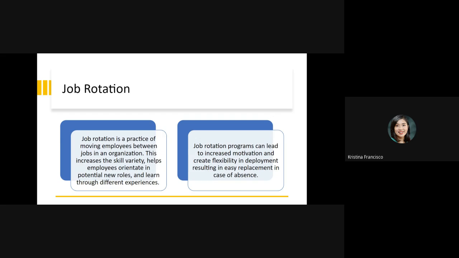So how do we illustrate this one? If a person rotates to a job that is affected by his previous work, he or she will use how his performance in one job can have an effect on another.